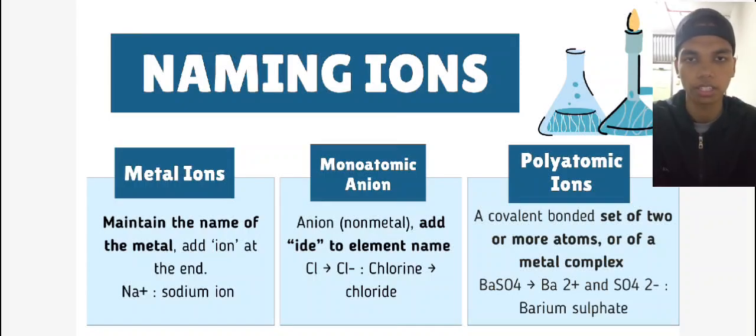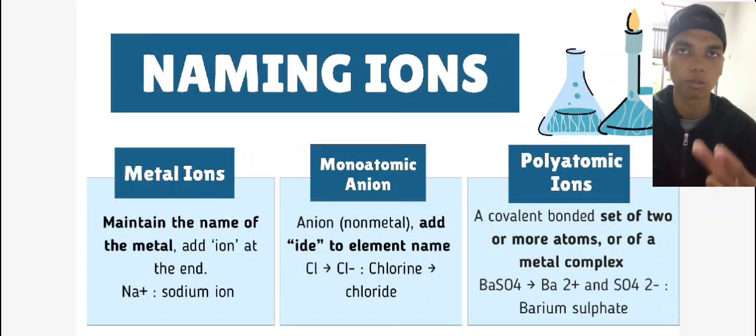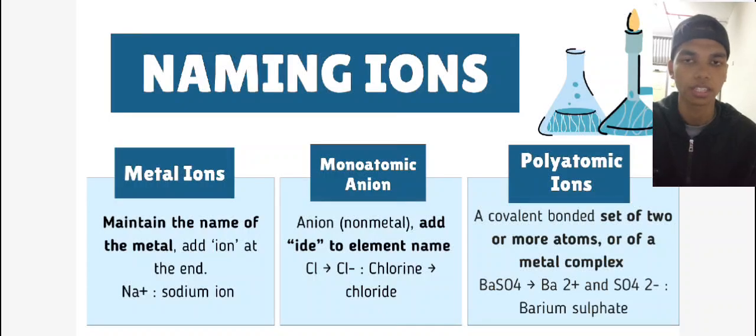Okay, I would like to add another piece of information about metal ions and polyatomic ions. First of all, when it comes to metal ions, they include metals which maintain the name of the metal, and it will add "ion" at the end of the compound name.